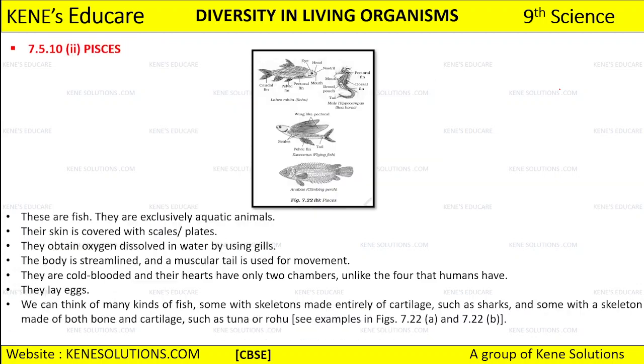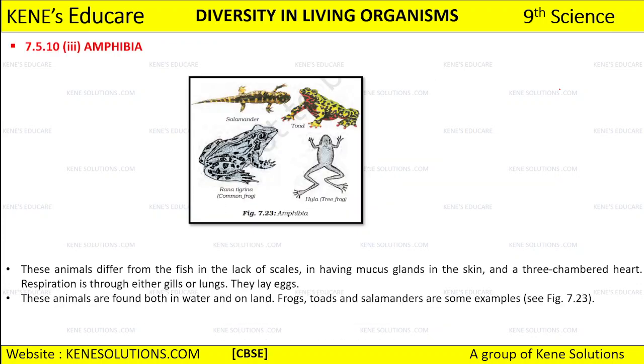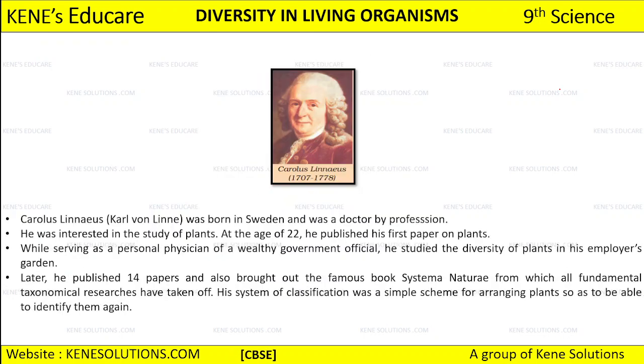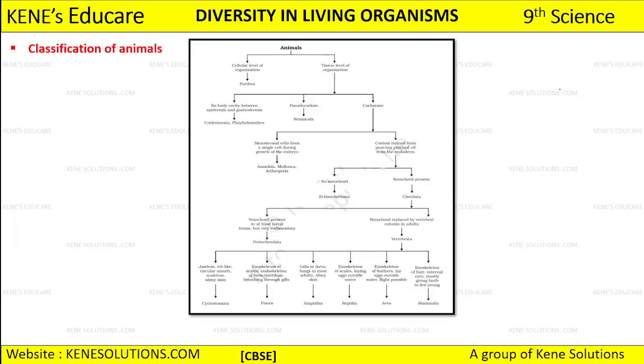So we have Cyclostomata, Pisces, then Amphibia, Reptilia, Aves, Mammalia. These are the 6 different classes of phylum Vertebrata. Okay, so I hope you are clear till here. So when we start discussing kingdom Animalia, we will start with this chart, and after that one by one we will discuss all the characteristics as and when necessary. Okay, so I hope that you are clear till now.